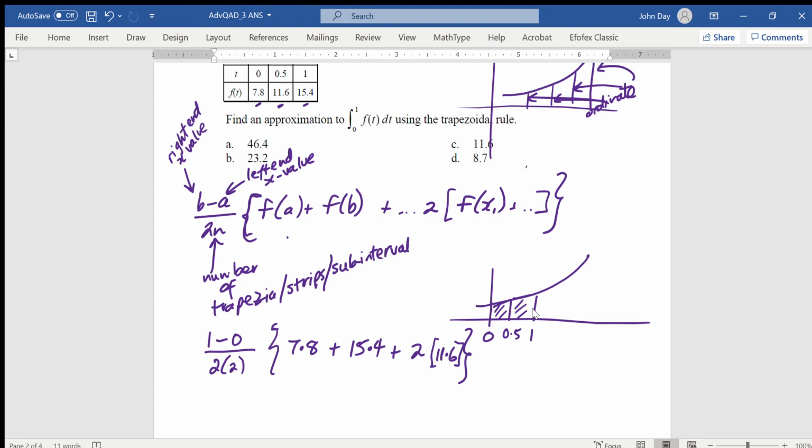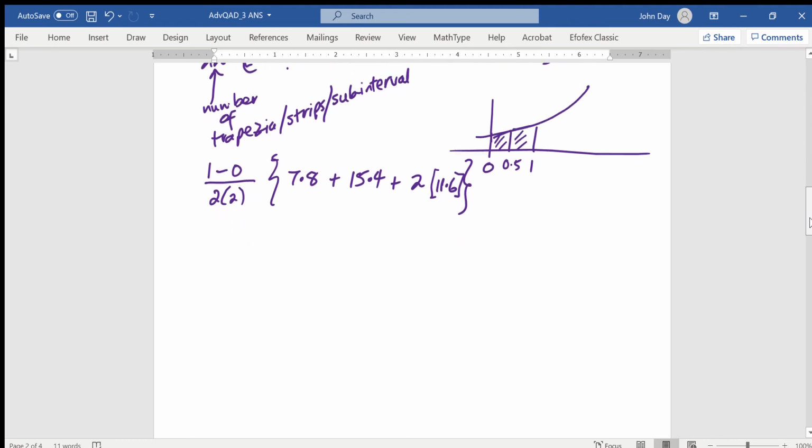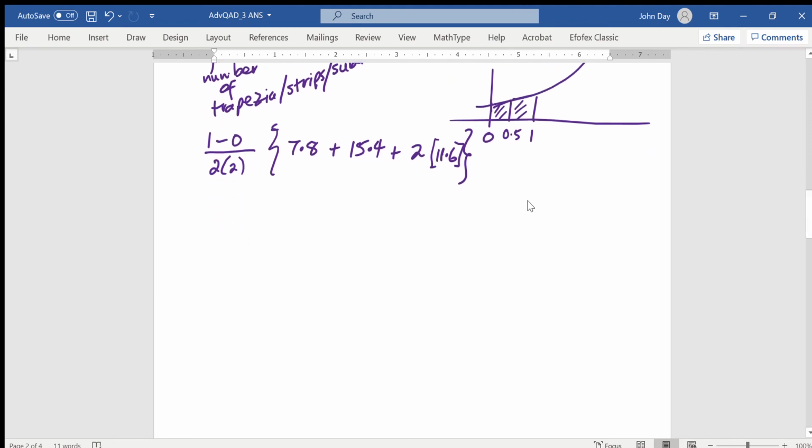So that will evaluate our answer. But just before I do that, I want to point out that if you know that it's trapezia, and you know that the distance between the parallel sides is 0.5, then you can use the formula for a trapezium as well. The area of a trapezium is h on 2 times a plus b, where h is the distance between the parallel sides, and one of them is a and one of them is b, right?